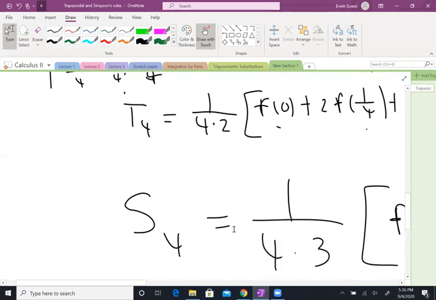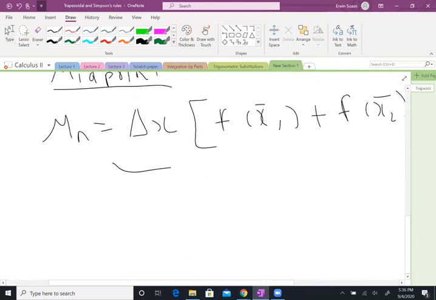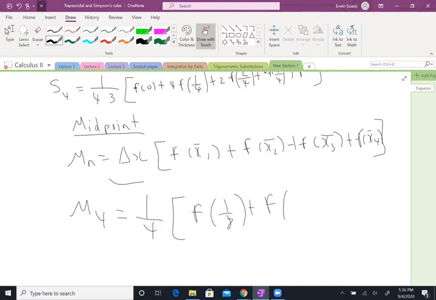So my formula is going to look like this. It's 1/4 times f of the first middle point, 1/8, plus f of the second middle point, 3/8.